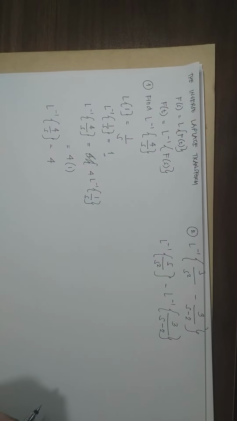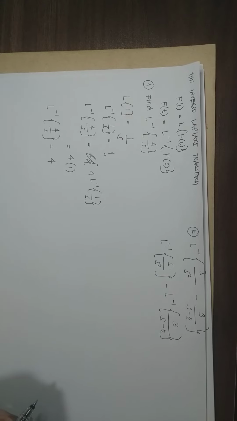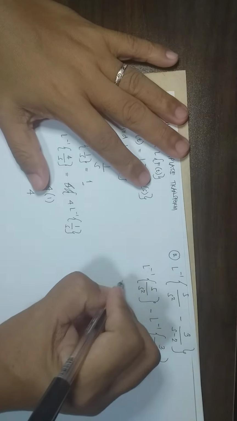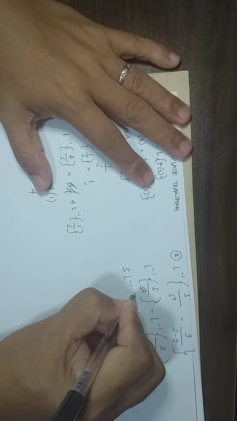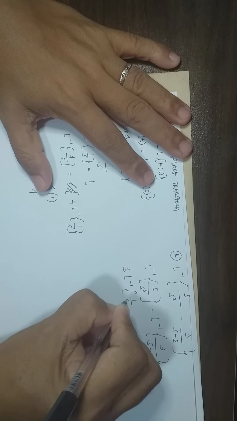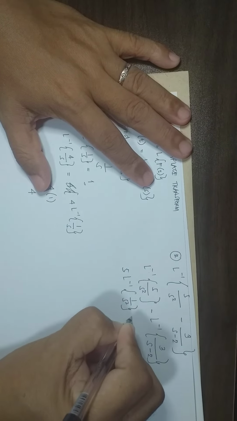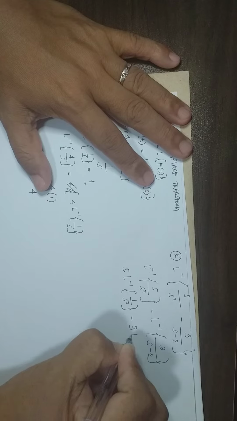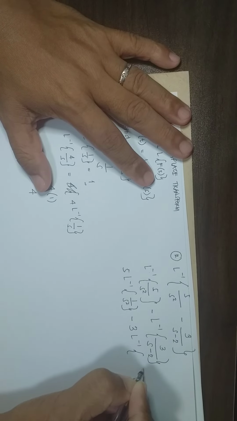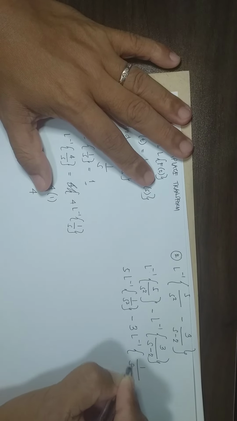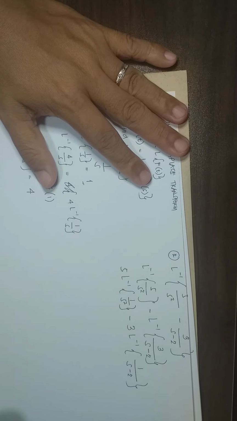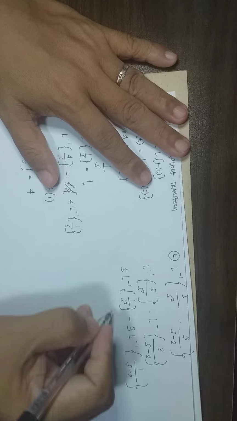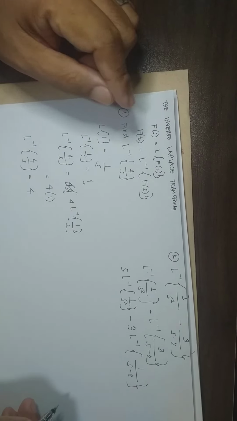Okay, so what should be the formula to use? We may have this as 5 times the inverse Laplace of 1 over s squared, minus 3 times the inverse Laplace of 1 over s minus 2. But what is the inverse Laplace of 1 over s squared?